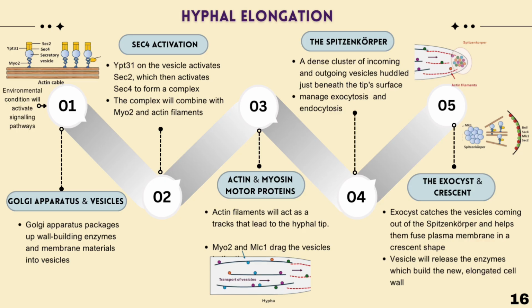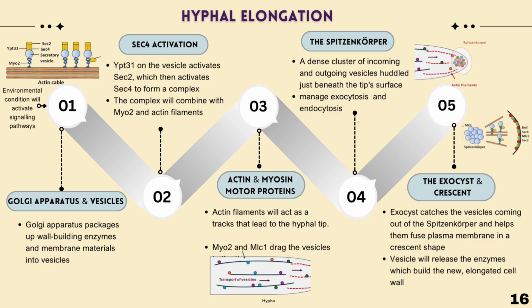Before reaching the hyphal tip, the vesicle will reach a region called the Spitzenkörper, located just beneath the apical membrane. The Spitzenkörper is a dense, highly dynamic cluster of incoming and outgoing vesicles. Its main function is to act as a vesicle supply center.